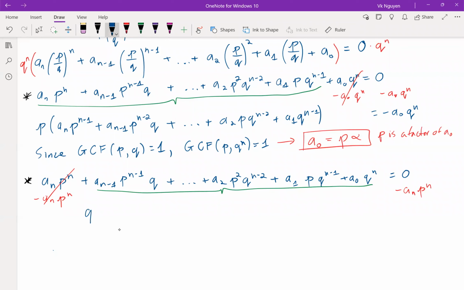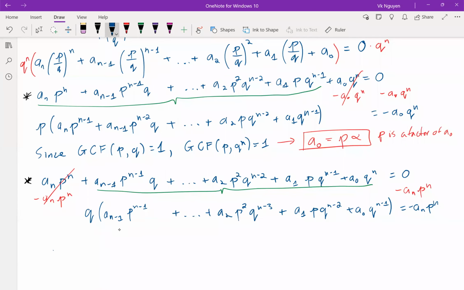Factor a q, and we have a sub n minus 1 p to the n minus 1 plus ... plus a sub 2 p squared q to the n minus 3 plus a sub 1 p q to the n minus 2 plus a sub 0 q to the n minus 1. So this is equal to negative a sub n p to the n.